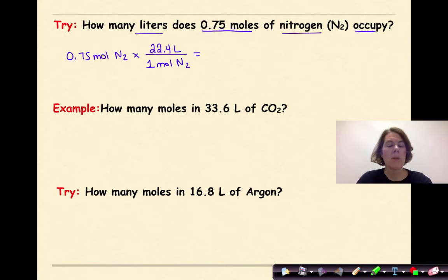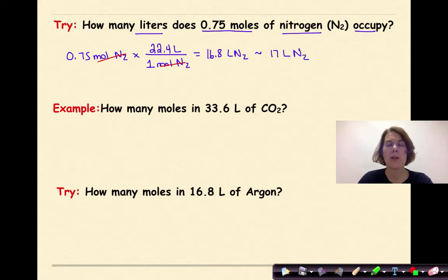And then again, I need to make sure that my units cancel. Moles cancel moles. So my final answer is going to be 0.75 times 22.4 liters. And if I work that out to two significant figures, my answer should be 16.8 liters of N2. But again, I want to do this to two significant figures, so I need to round this to 17 liters of N2.